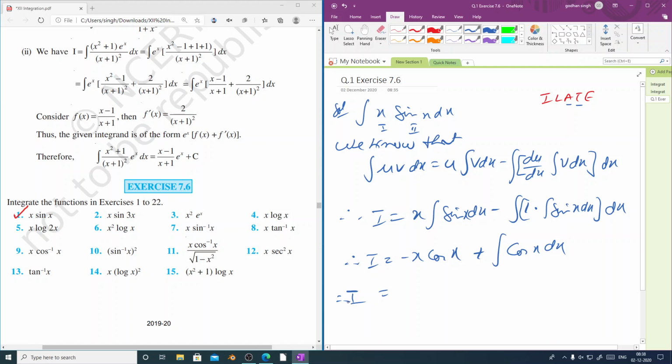Therefore I equals minus x cos x plus, now integration of cos is sine, so this is sin x plus c. So this is the answer of question number 1, exercise 7.6.